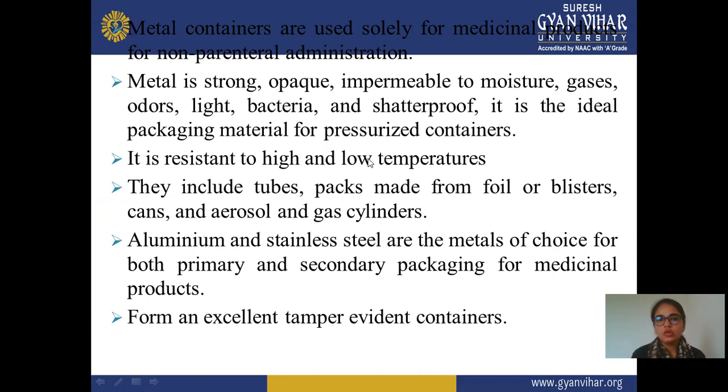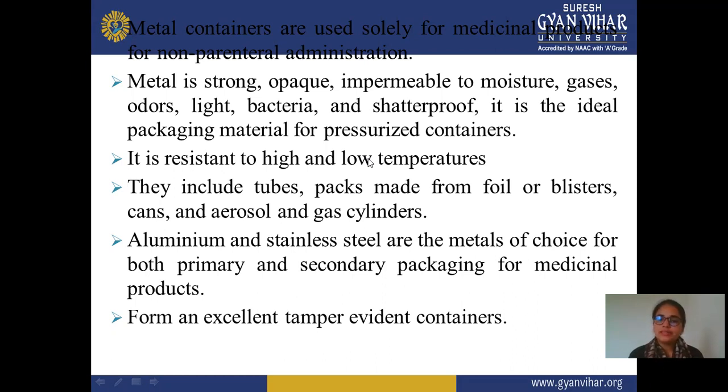Next, metal is strong, opaque, impermeable to moisture as well as gases, odor, and bacteria proof, and it is an ideal packaging material, as well as resistant to high and low temperature. This means it does not degrade if the temperature changes, high or low. They include tubes, packs made from foil, blisters, cans, aerosols, and gas cylinders. This means it is also used for tubes, foil packs, blisters for tablets, and aerosol cans like gas cylinders.